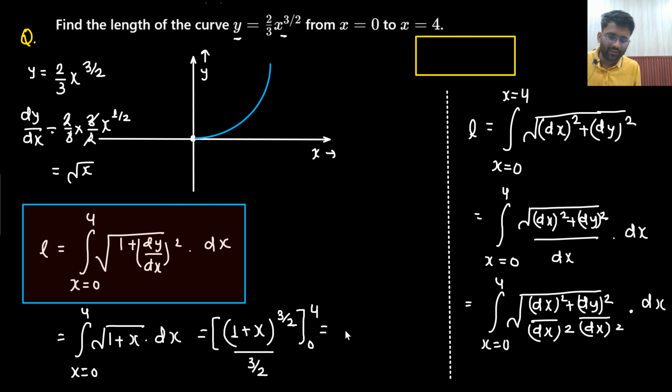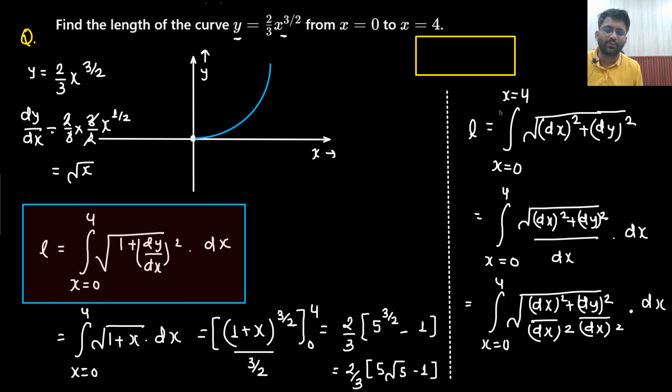Now if I put the limit, 2 by 3 will be outside. If you put 4, it will become 5 to the power 3 by 2, minus, if you put 0, it will become 1 to the power 3 by 2. So the answer is 2 by 3. 5 to the power 3 by 2 is 5 into 5 to the power 1 by 2, so 5 root 5 minus 1. So 2 by 3 times (5 root 5 minus 1) is the answer. That's it. There you go.